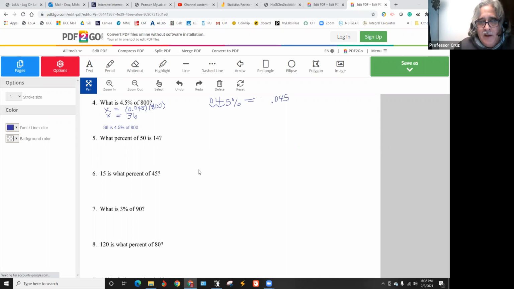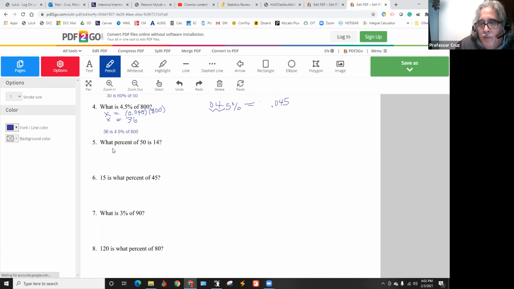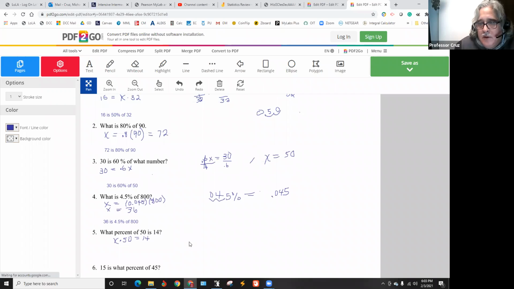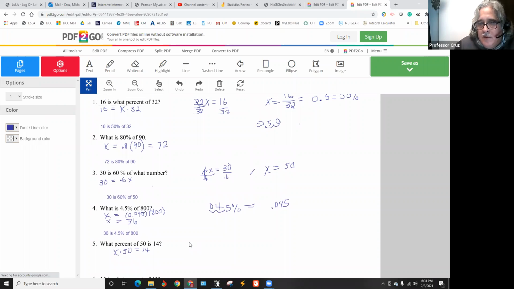So what percent? Now this one's backwards, but we can still translate it in order. So X, and of means times, is 14. It's in a different order, but it's really the same one as like number 1.